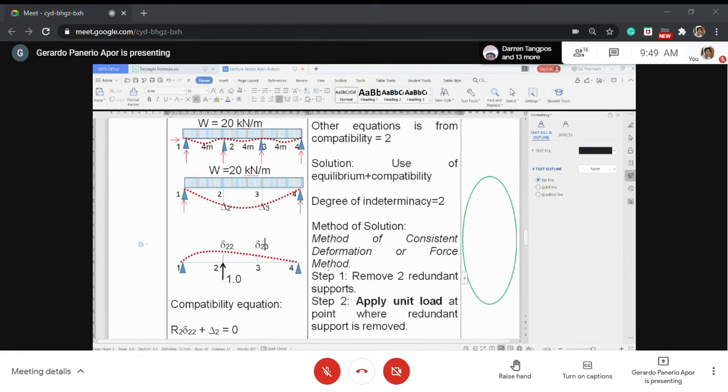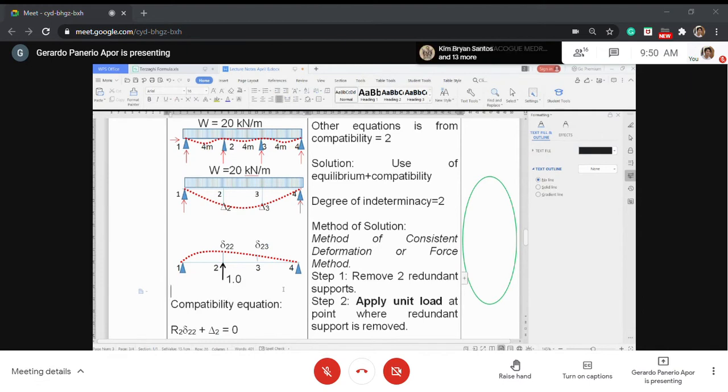So like that. Delta 2 2 and delta 2 3. Now, it is not 3 2, because according to the law of reciprocal theorem, they can be interchanged. Delta 2 3 and delta 3 2 are equal.